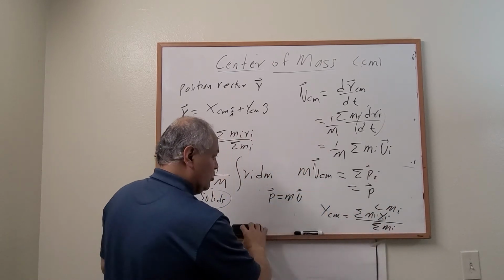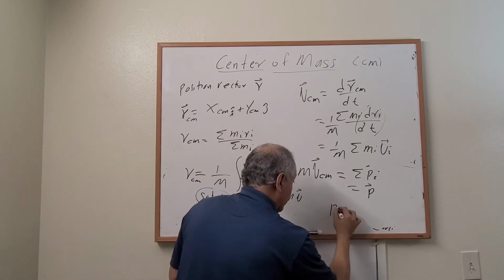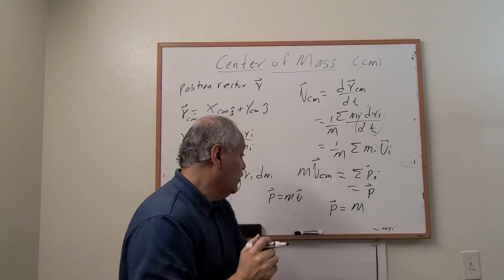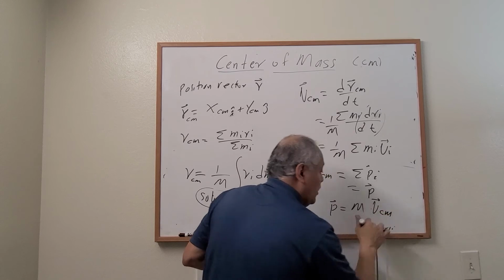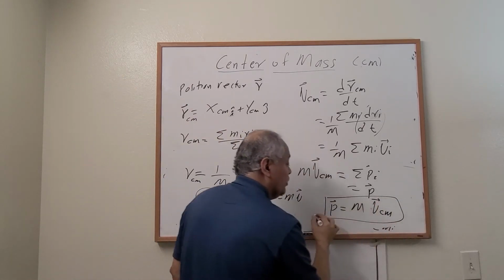So the total momentum is equal to the total mass, the mass of the whole system, times the velocity of the center of mass of the whole system, correct? So this is a very important conclusion.